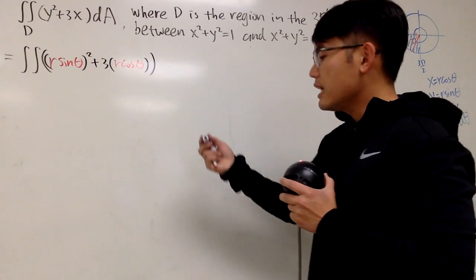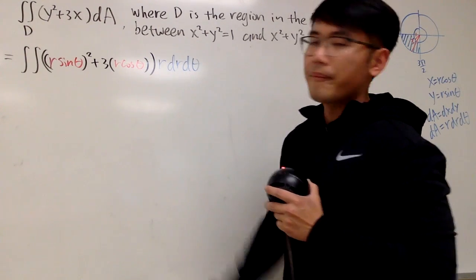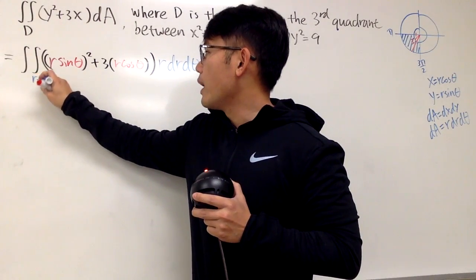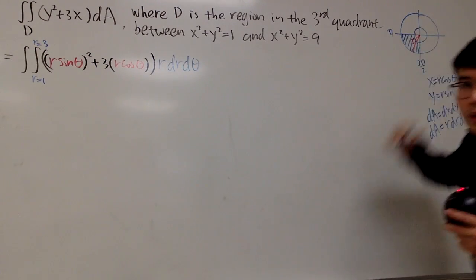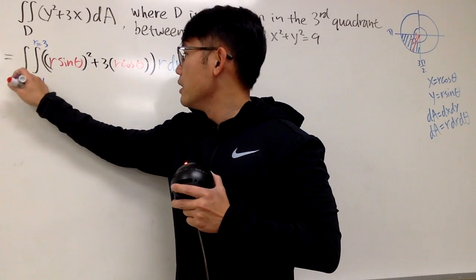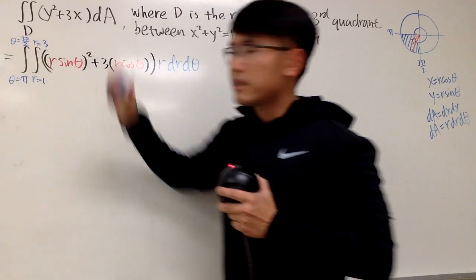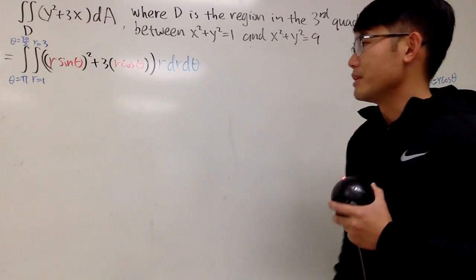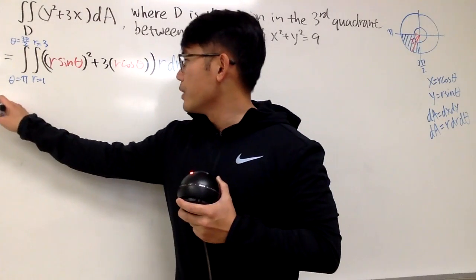A common mistake is that people forget the r, and then the dr d theta. And since I wrote this down like this, I'll put down the r values, meaning going from 1 to 3. Okay, 1 to 3 for the limits of integration of r. And then theta is going from pi to 3 pi over 2, like this. And then the rest is just doing a lot of algebra, well, a lot of integrals, I mean, and then some work. That's all.